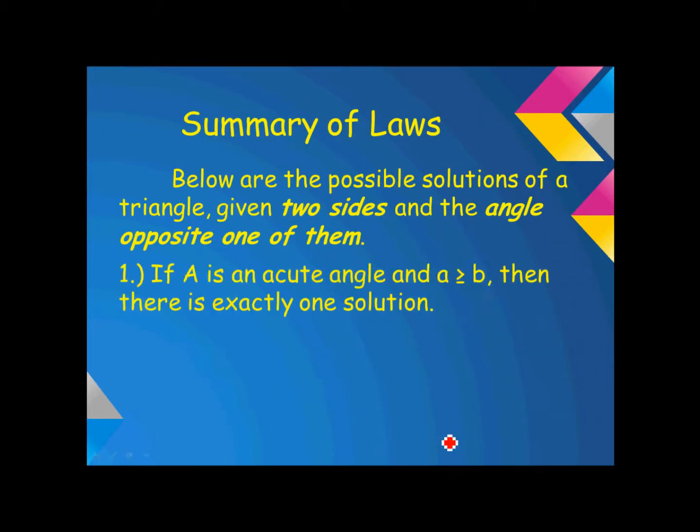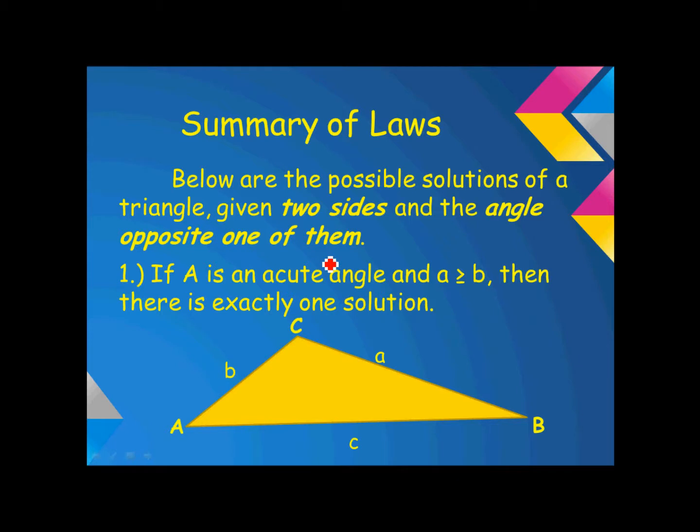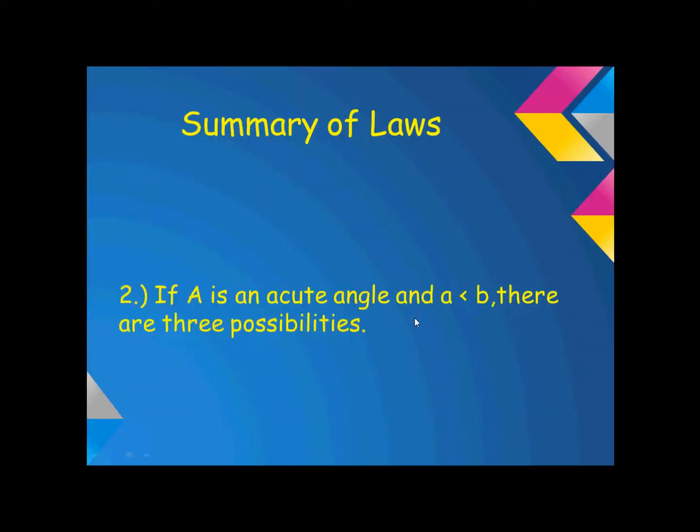Summary of laws. Below are the possible solutions of a triangle, given two sides and the angle opposite one of them. Number 1. If A is an acute angle and a is greater than or equal to b, then there is exactly one solution. Number 2.